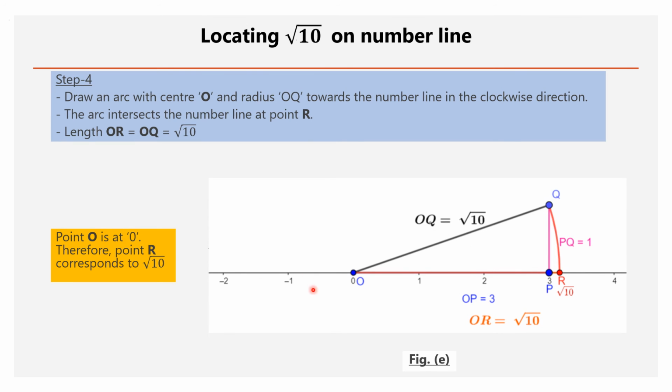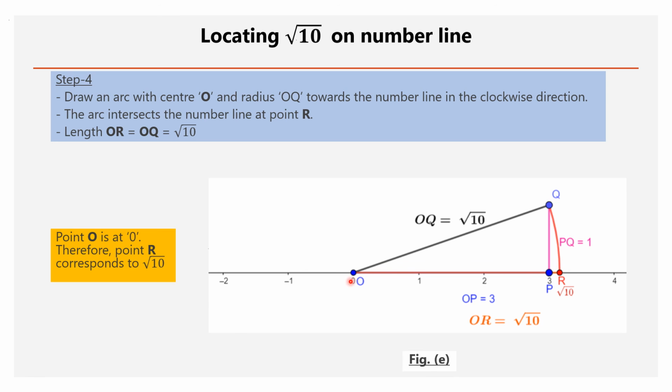As the last step in marking square root 10 on the number line, we have to draw an arc with a center at O and radius OQ. The arc is drawn in clockwise direction, intersecting the number line at point R. We already know that the line segments OR and OQ are the radii of the same arc.